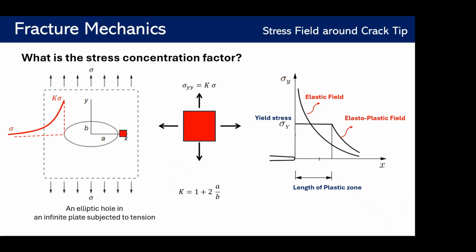And for example, if we impose a far field stress to this problem, a tensile stress, the theoretical studies and experiments show that if you calculate the stress around the cavity at the edge of the cavity, it's always higher than the far field stress you have applied to the problem.